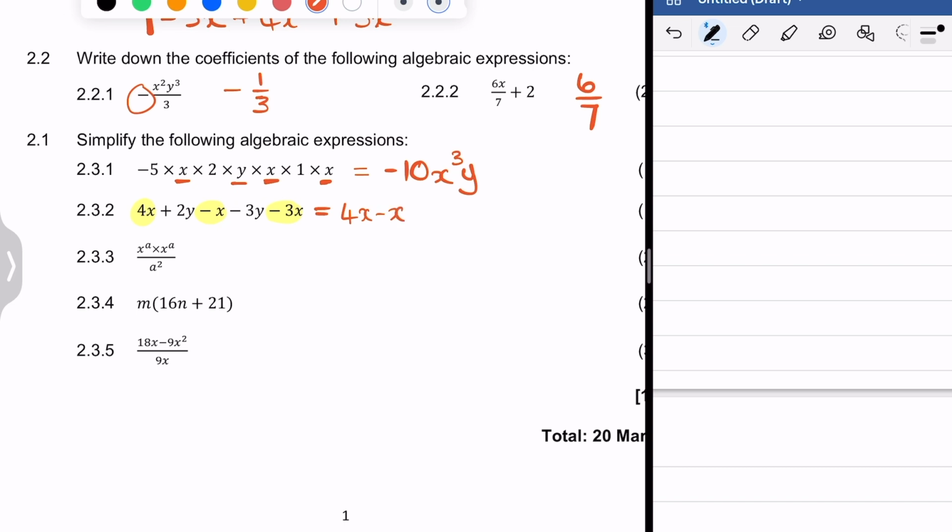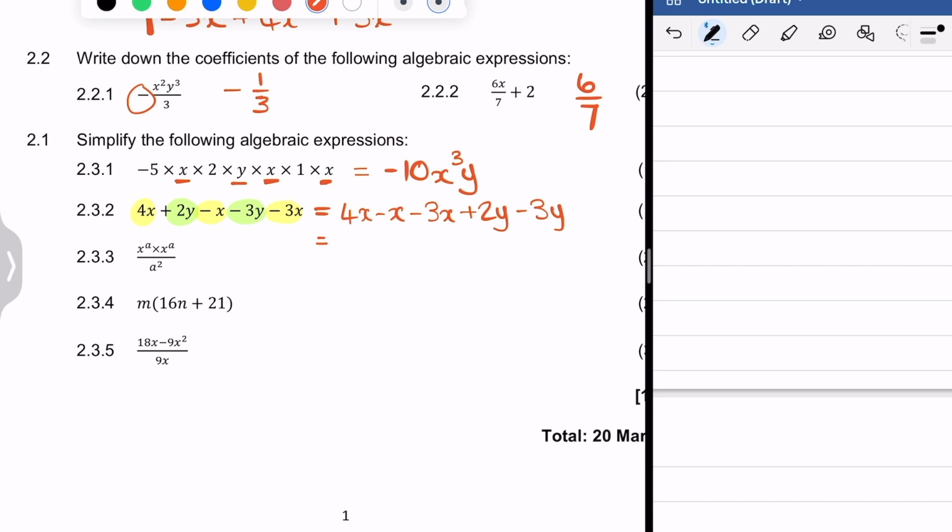I've got 4x minus x minus 3x, and then I can look at my other variables. So 2y minus 3y, I can put them together, and that is plus 2y minus 3y. Now they all group together, and I can simplify.